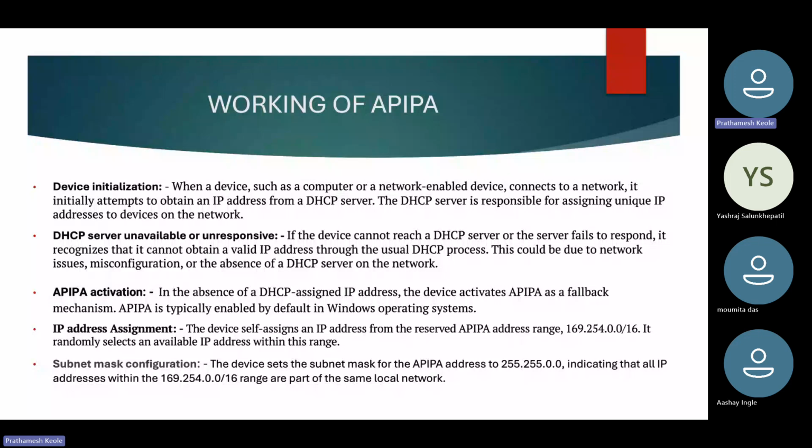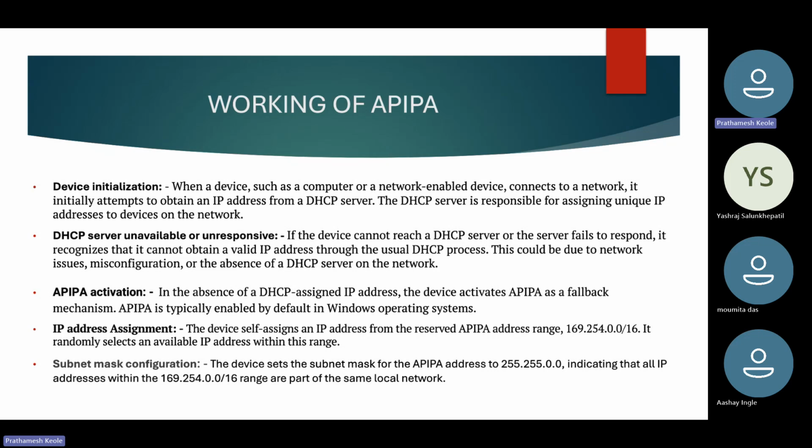If a device cannot reach the DHCP server, or the server fails to respond, the device recognizes that it cannot obtain an IP address through the usual DHCP process. This could be due to many reasons, such as network issues, misconfigurations, or absence of a DHCP server on the network.